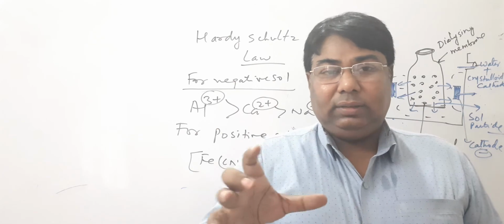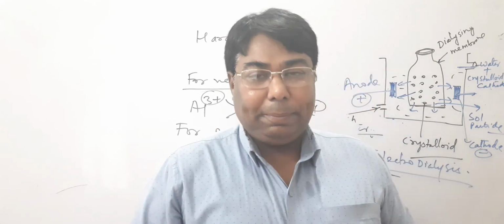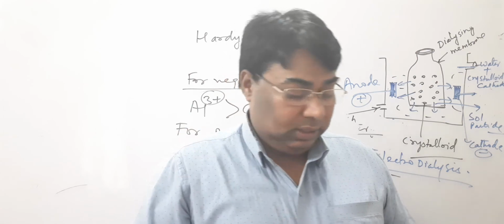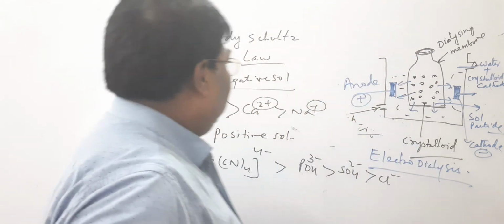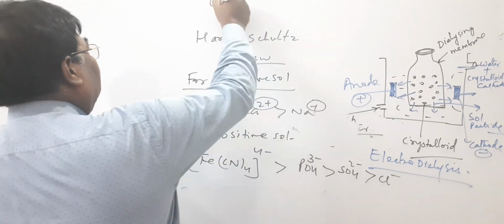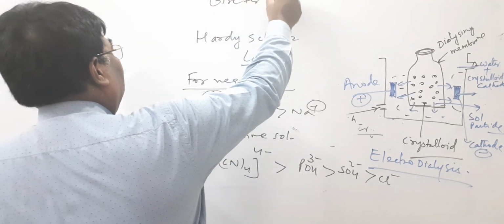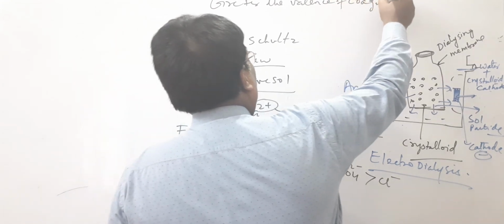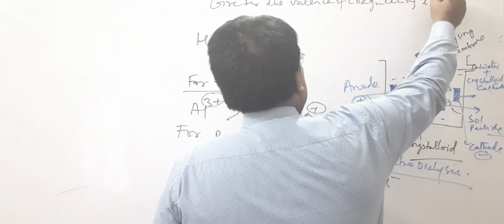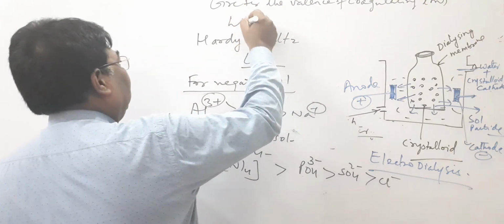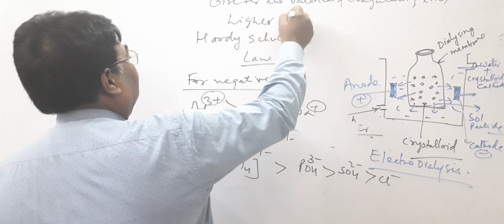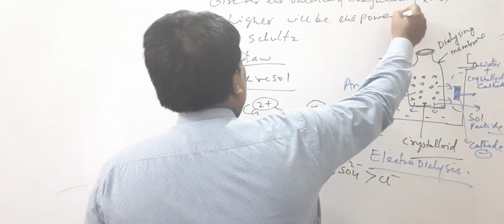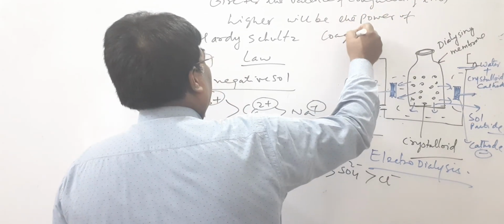This is an important topic of this chapter. It is very, very important. Hardy-Schulze law, several times asked. Once again, the greater the valence of coagulating ions, the higher will be the power of coagulation.